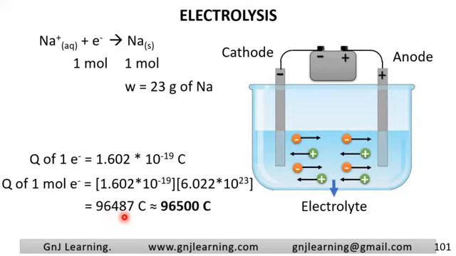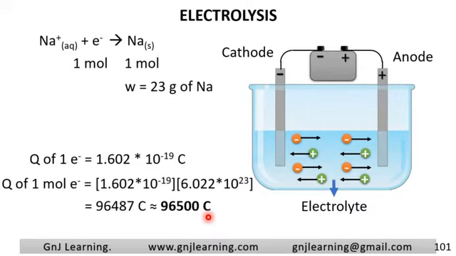96,487 coulombs. To make it easy to remember, we will round it off, just adding 13 more coulombs, which is negligible compared to the entire number. To remember it better, we will always memorize this value as 96,500 coulombs.